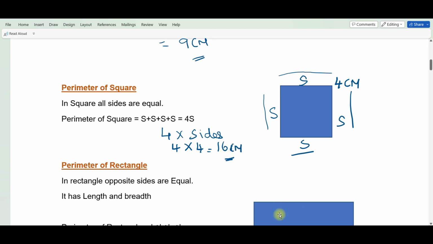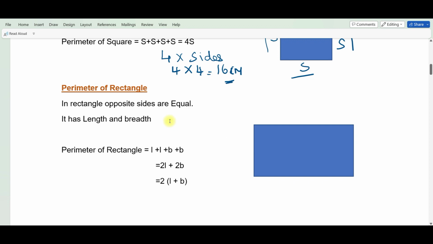Going forward, let us learn how we find the perimeter of a rectangle. All of us know the basic property of a rectangle is that opposite sides are equal. When I take this length, these two are equal, and when I take this, these two are equal. It will have length and breadth, obviously you know. So the perimeter of a rectangle would be length plus length plus breadth plus breadth.